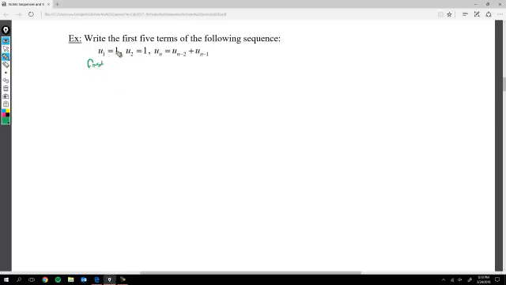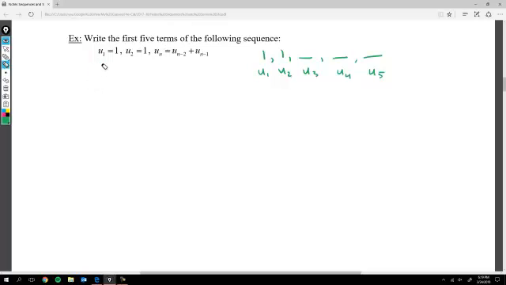Okay, so my first term is 1. My second term is 1. So that means if I was to write this out as a list, it would go 1, 1, and then I need 3 more because I want to find the first 5 terms of my sequence. So this was u sub 1, this is u sub 2. I need to find u sub 3, u sub 4, and u sub 5.